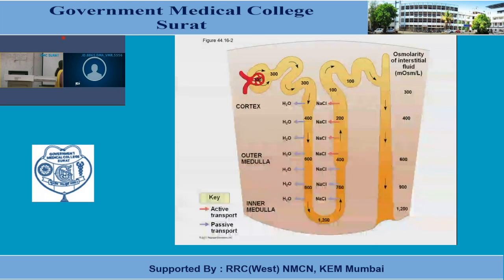Now as it becomes 1200, there will be a lot of fluid moving out of this part, and ultimately this fluid is conserved and taken up by the vasa recti. So this medullary gradient is very important to be produced so that a lot of water will be absorbed under the influence of ADH, and this is important for concentrating the urine.